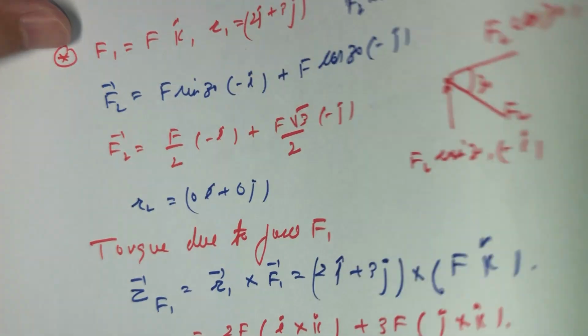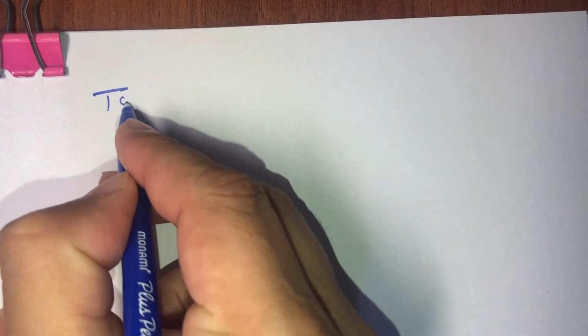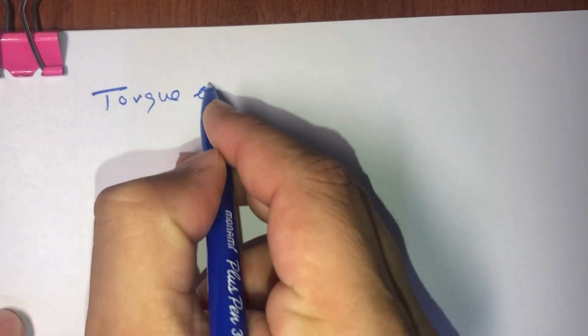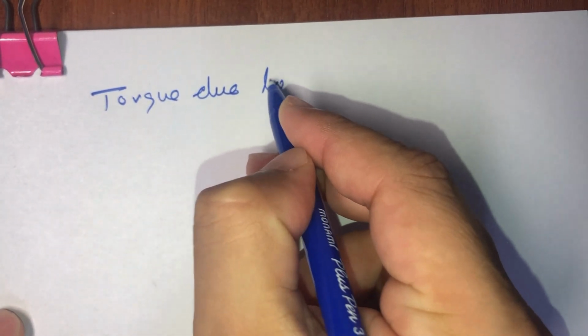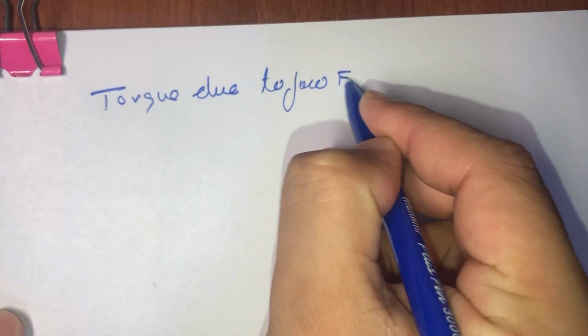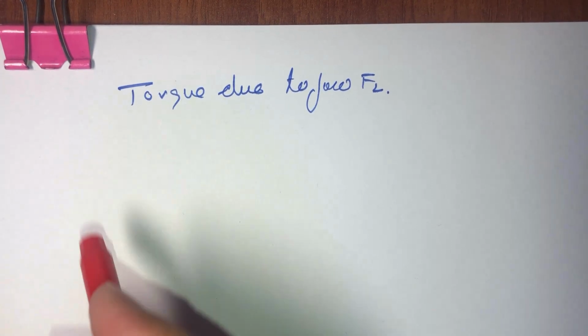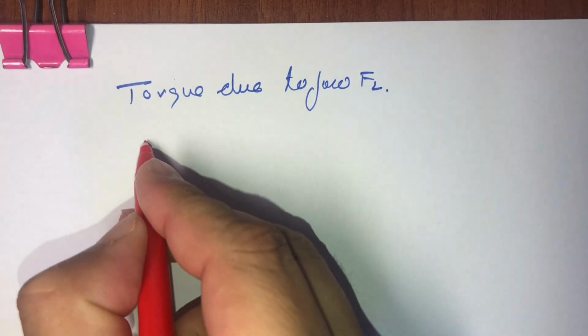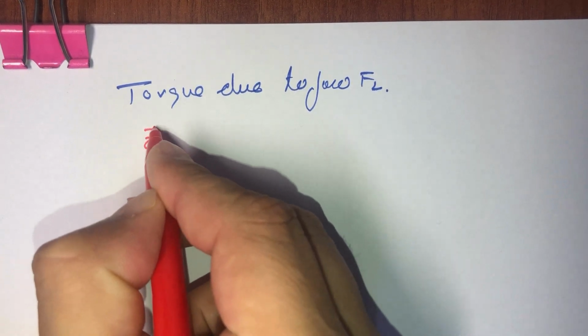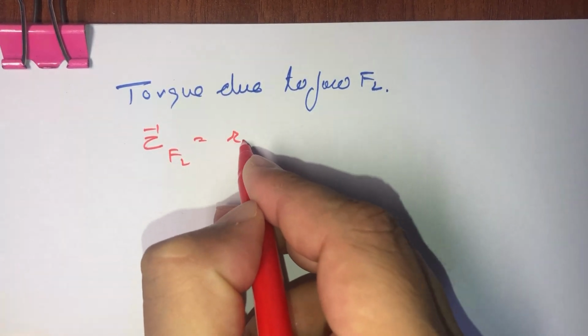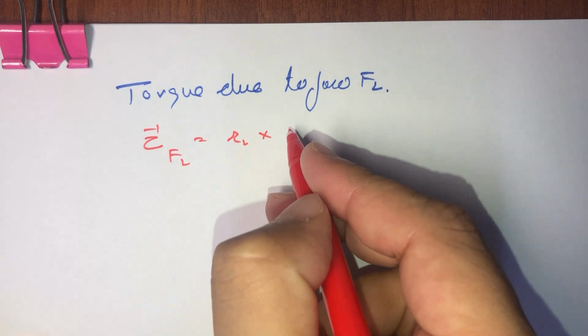Similarly, we are going to find out the torque because of force F2. Torque due to force F2, let us suppose is given as tau F2, which will be equal to position vector R2 cross product with F2.